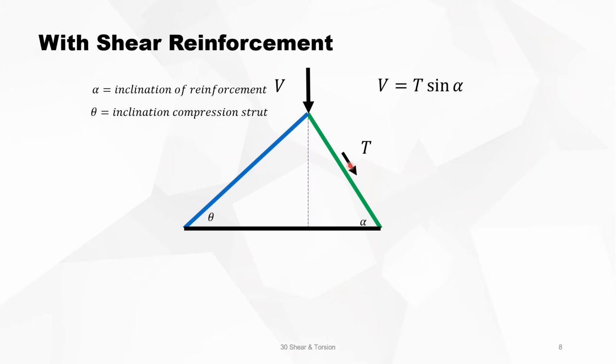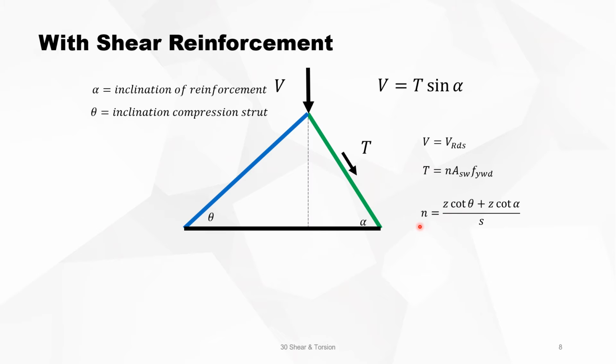We know now that V is equal to T sine alpha, and T, the tension in the stirrup, is equal to the number of stirrups in the zone considered times the cross-section of the stirrup times the yield stress of the stirrup.